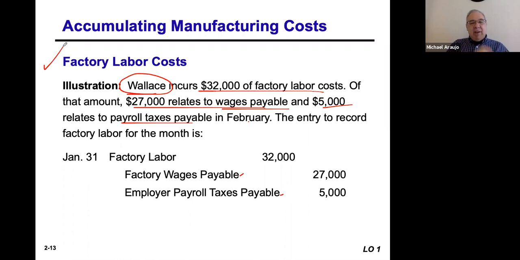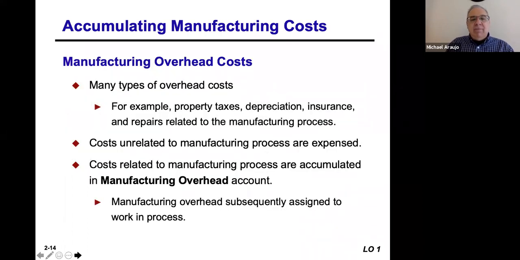So we calculate material first, then we calculate factory labor second. Overhead third, because these are total manufacturing costs. Overhead, as you learned from chapter 1, has many different types, like property taxes on a factory, depreciation and insurance, any repairs.